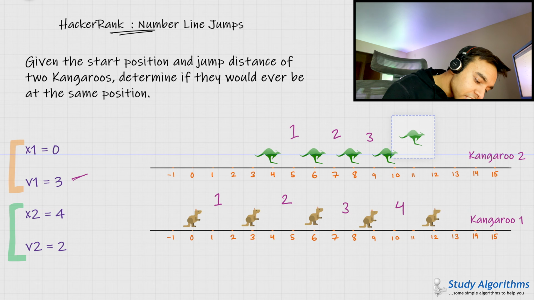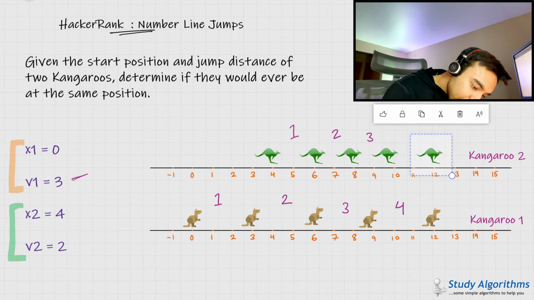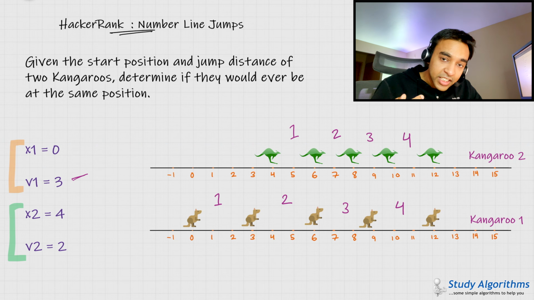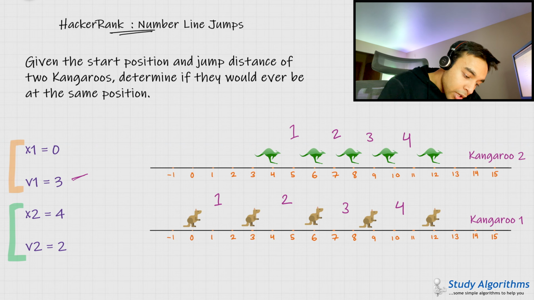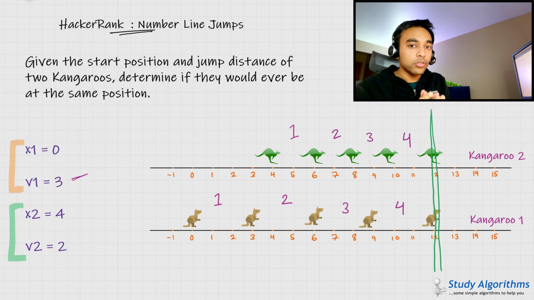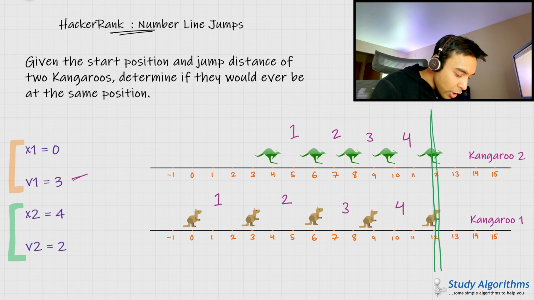He again jumps 2 places and he also reaches position number 12. So you can see that after 4 jumps, both kangaroos have reached the same position, that is position number 12. Since both these kangaroos were able to reach the same position at the same time, you have to return yes as your answer.